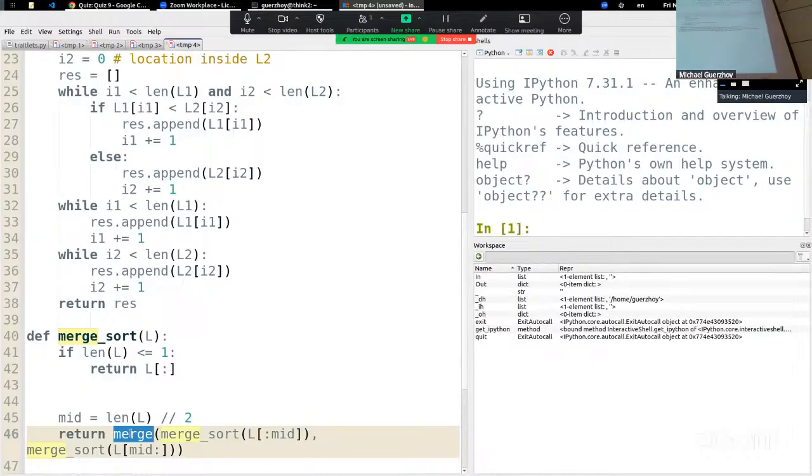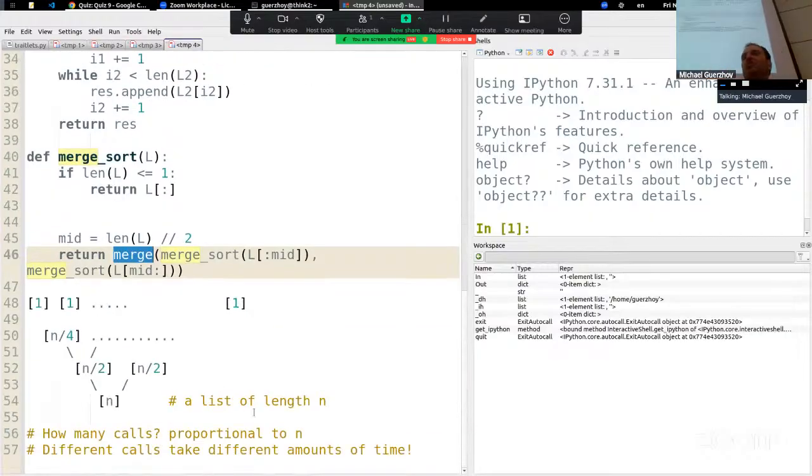What the merge does is it basically builds up a list of length n, where n is the length of the first half plus the length of the second half. So if the list is longer, that is going to take longer.